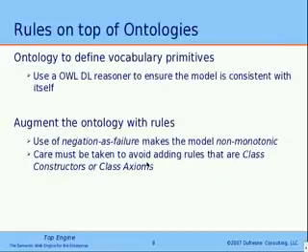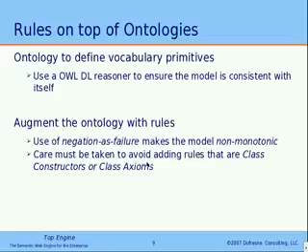Now, writing rules on top of ontologies is essentially a two-step process. First, you choose your ontology and construct all of your class constructors and axioms in the ontology, and you can use a description logic reasoner to ensure that the model is consistent.